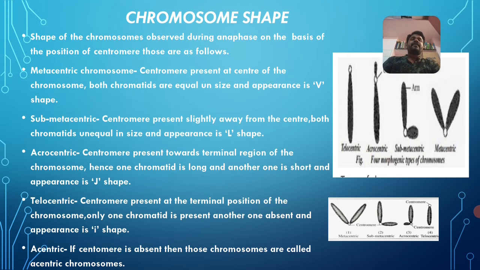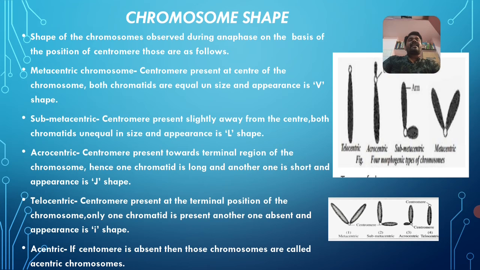And the second one is submetacentric chromosomes. The centromere is present slightly away from the center, not exactly at the central region. Hence both chromatids are unequal in size and the appearance is like an L shape.